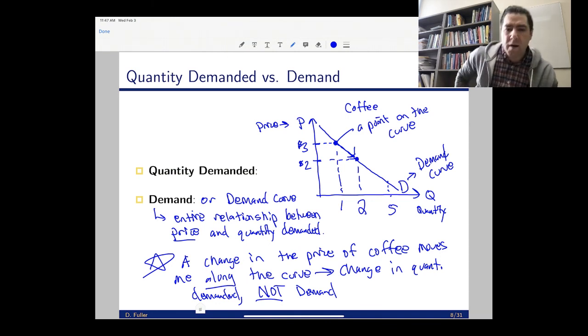It might not be clear yet why I'm making that distinction, and it probably won't be until the next few videos when we start working with a demand and supply model to see why we're distinguishing between these two. But for now, try to get that noted. What does it mean to move along the curve versus a change in the entire demand curve?